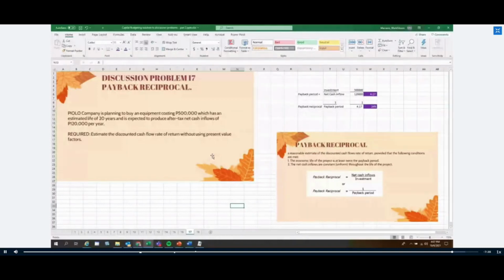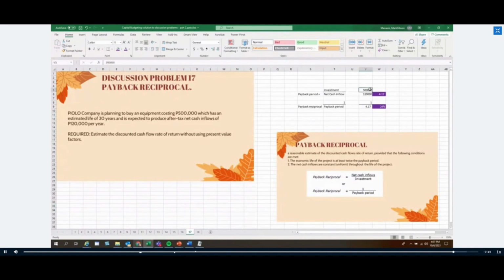So first, let's compute the payback period. Payback reciprocal is only applicable when we meet these two conditions: number one, the economic life of the project is at least twice the payback period; number two, net cash inflows are constant.